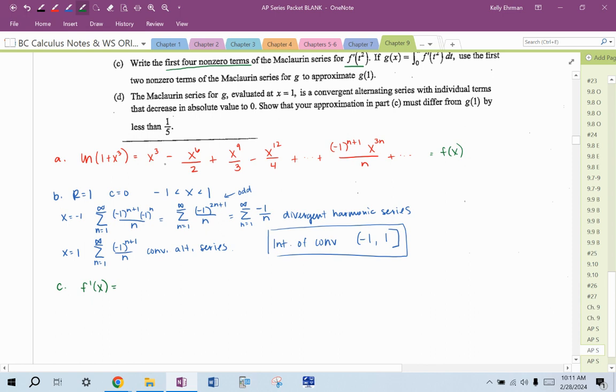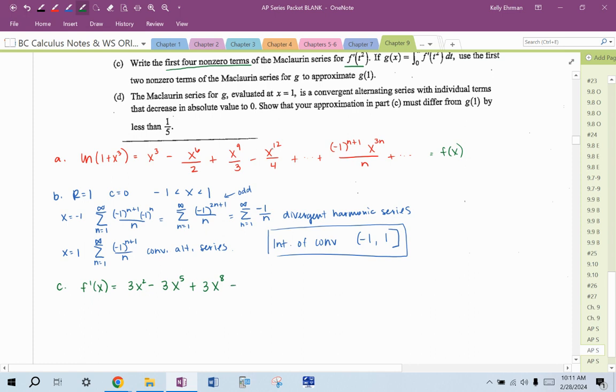So f prime of x is take the derivatives of the first 4 terms. So you're going to get 3x squared minus 6x to the fifth over 2, so 3x to the fifth, plus 9x to the eighth over 3, so plus 3x to the eighth. Again, I don't have to simplify, but it's a nice pattern to see.